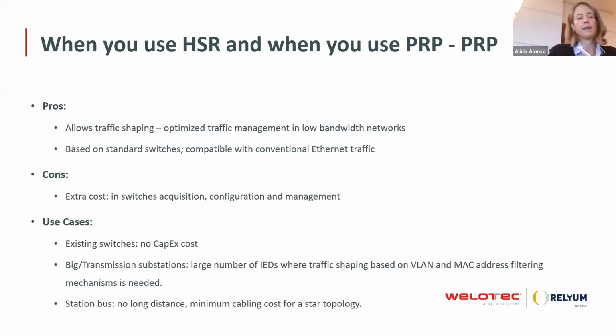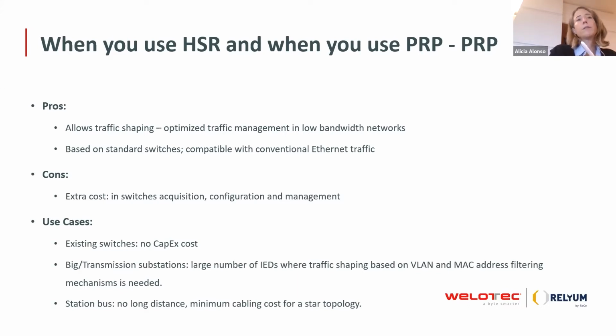I said standard networks. That means that you can use standard switches available in the market for implementing PRP. So any switch compatible with regular Ethernet, any switch that already includes layer 2 features like, for example, VLAN configuration, frame rate limiting. So all these mechanisms that are available in regular or standard switches can also be used in PRP for doing traffic shaping.